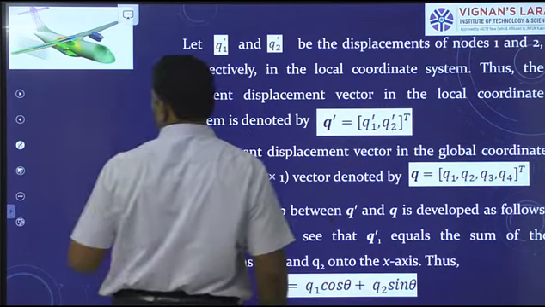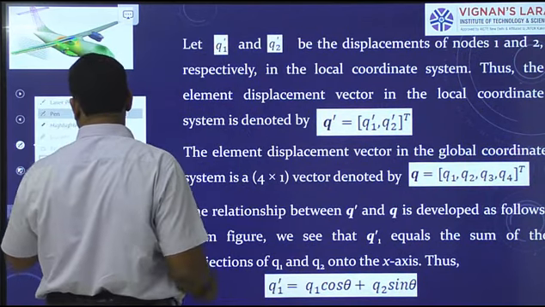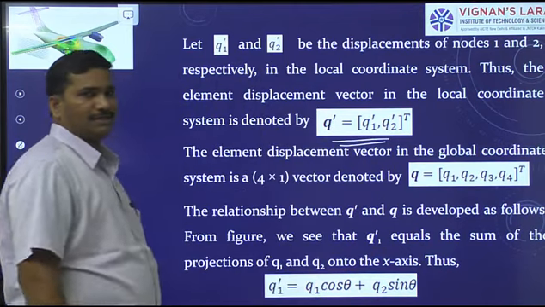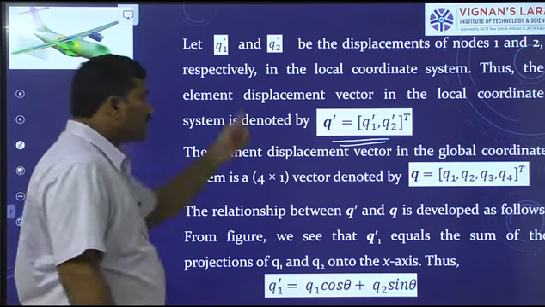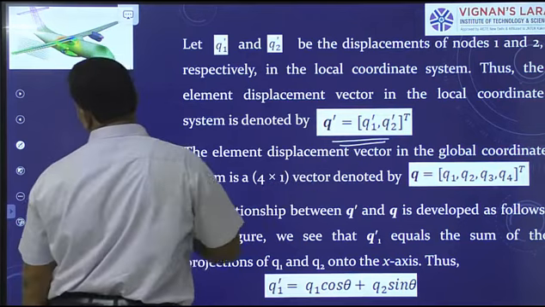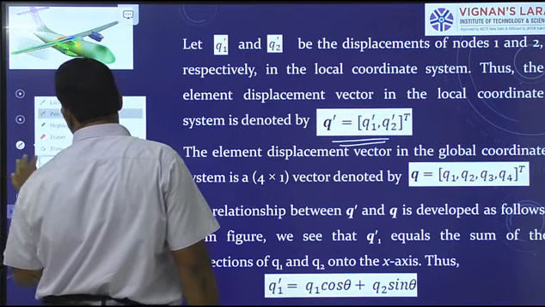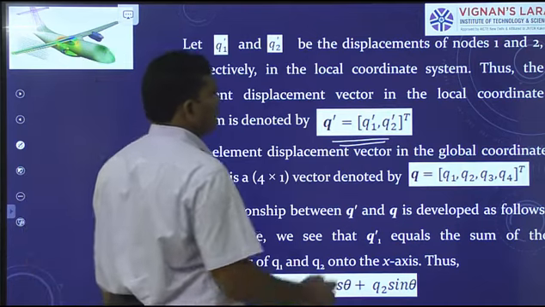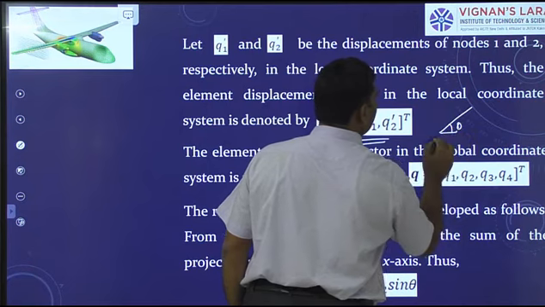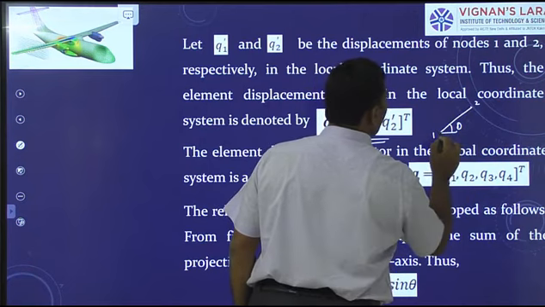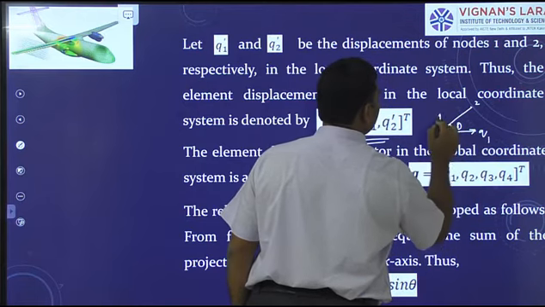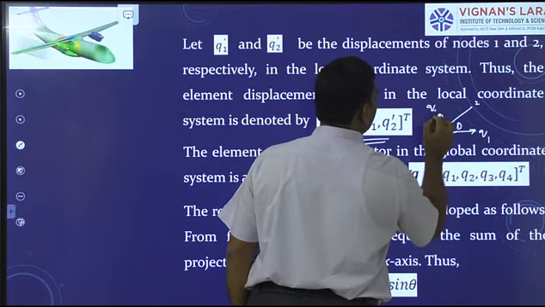This is the element displacement vector, which is a column matrix, with respect to local reference frame. But with respect to global reference frame, how do you define the element displacement vector? I take the same element with same orientation theta. This is node 1 and this is node 2. Node 1 has the horizontal displacement q1 and the vertical displacement q2.